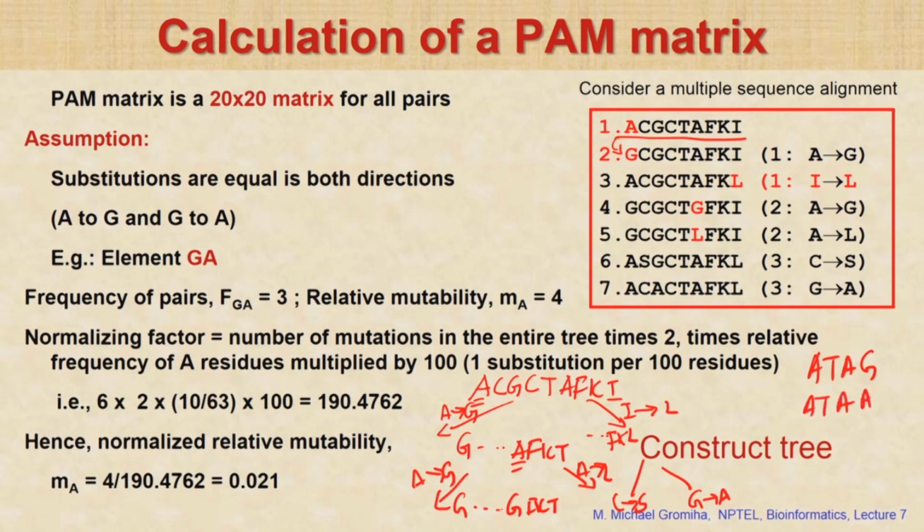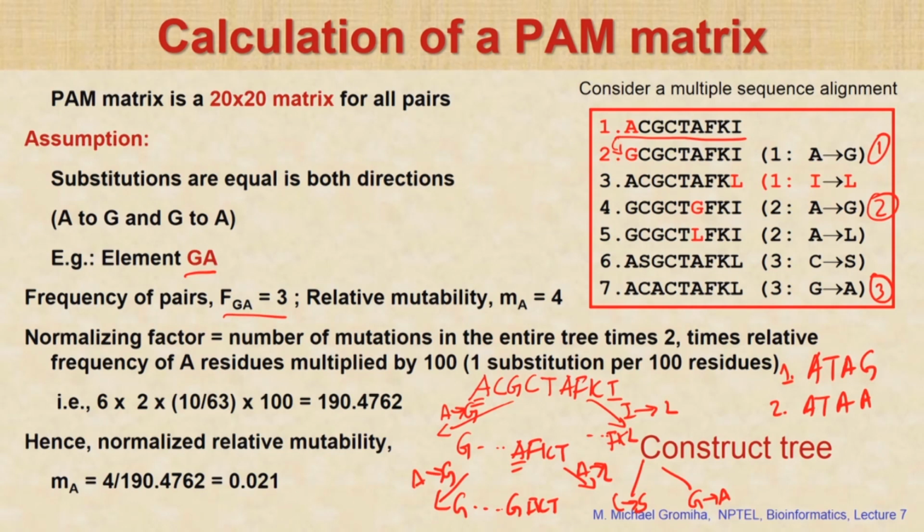If this is sequence 1 and this is sequence 2, the mutation is G to A. If the second one is sequence 1 and the first one is sequence 2, then the mutation is A to G. So we consider these substitutions equal in both directions, whether A to G or G to A. Take the element GA: what is the frequency of pairs GA, how many mutations involved G and A? 1, 2, 3. So F GA equals 3.